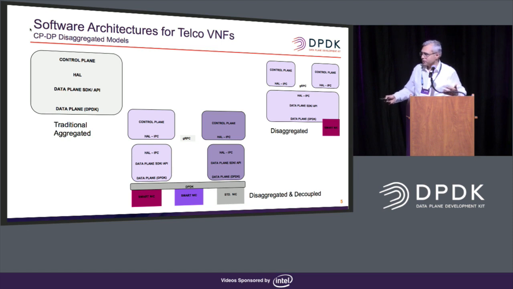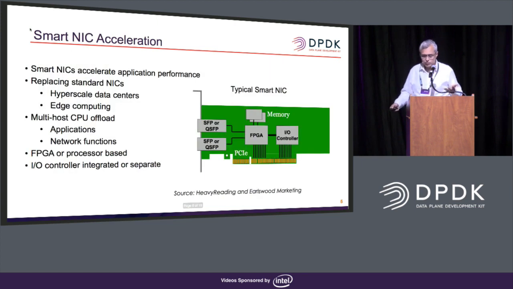So there would be an association at a vertical level between a control plane VNF and its data plane VNF, but each data path VNF should be able to work with multiple smart NICs, for example. This is the motivation from a software side. A control plane VNF works with any data plane, and a data plane like a smart NIC is able to host any other control plane as well. This is the homogeneity that the service provider is looking for.